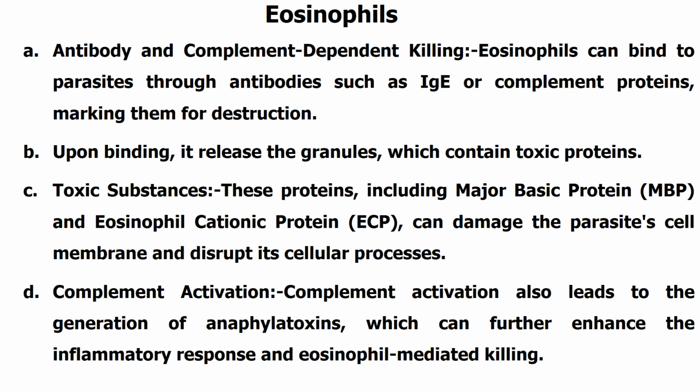Upon binding, it releases its granules, which contain toxic proteins such as the major basic protein, MBP, and the eosinophil cationic protein that damage the parasite cell membrane and disrupt its cellular processes.